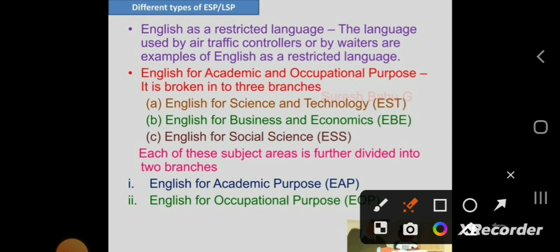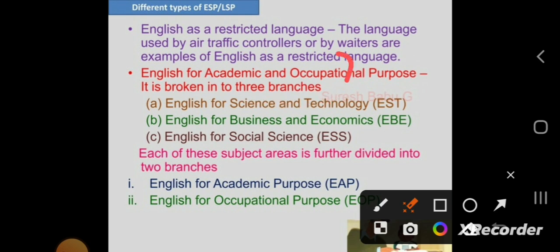Air traffic control English, a simplified standard form of English used globally by air traffic controllers to ensure clear and precise communication to avoid misunderstandings and ensure safety. English for waiters, a specific set of vocabulary and phrases used by waiters to communicate effectively with customers in the hospitality industry.